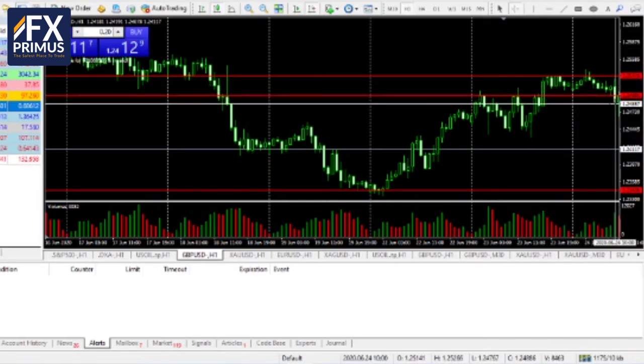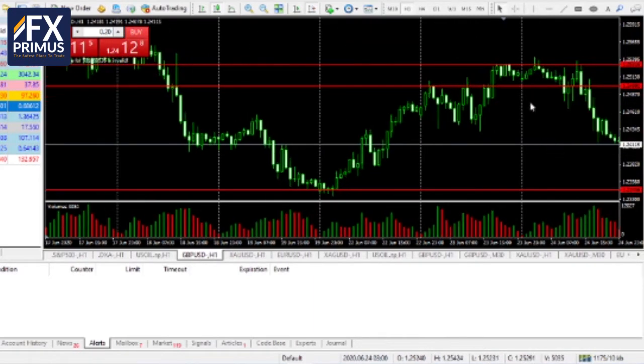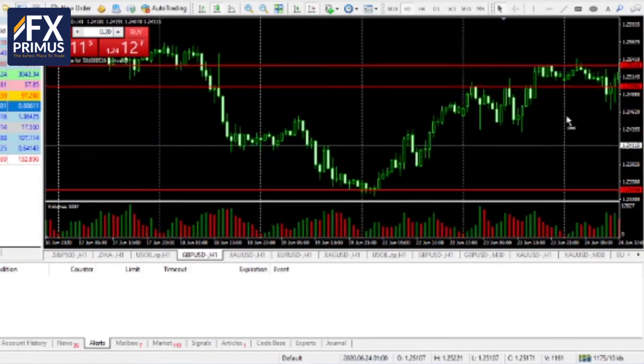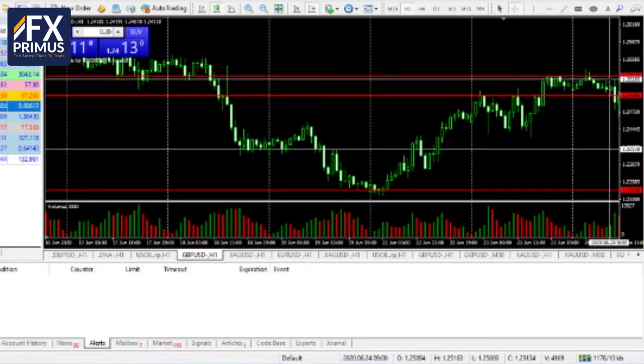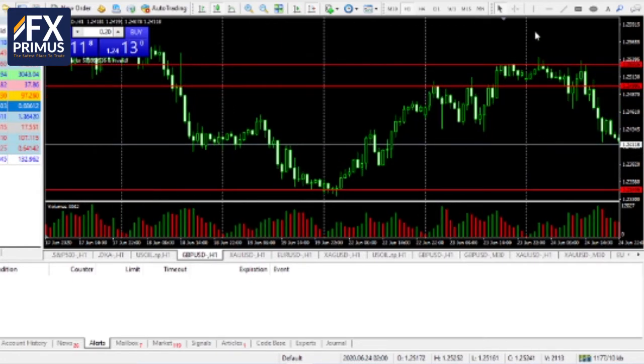And just at about 3 p.m., which is this one, 1000 hours, we saw the UK pound being quite volatile, pushing up to a high of 1.2525 and then going down to a low of about this dip here.